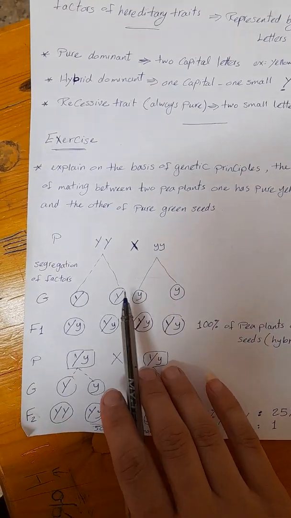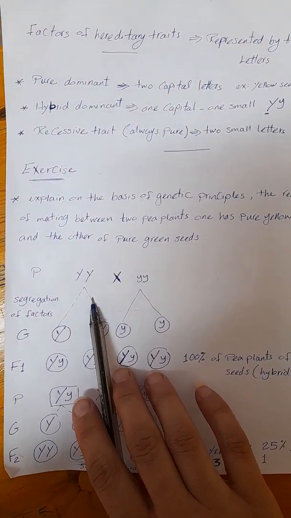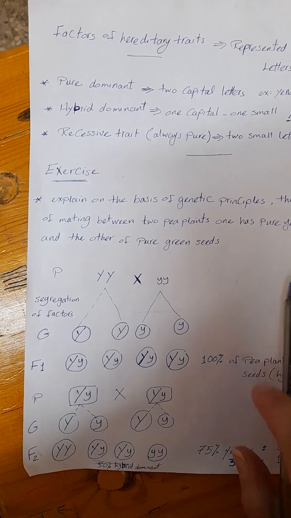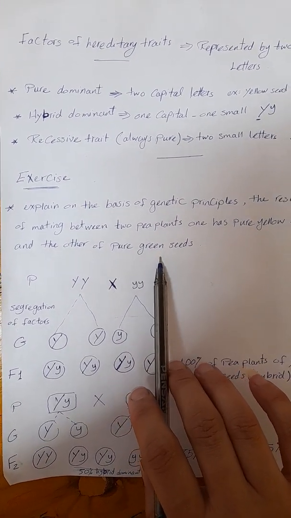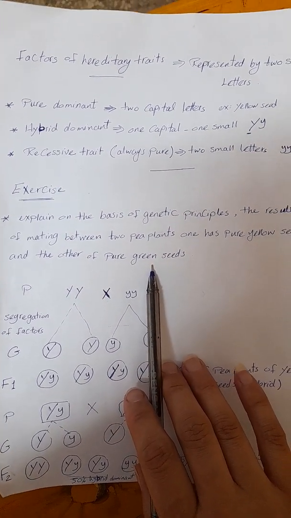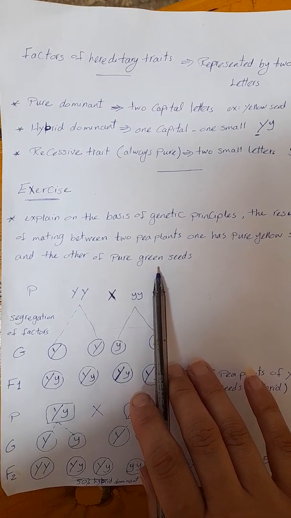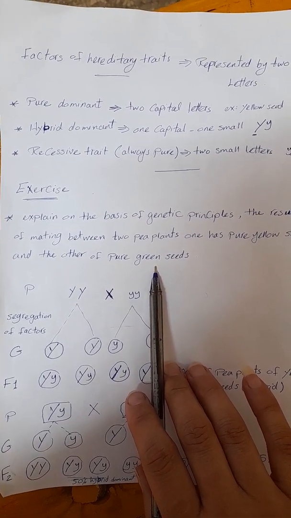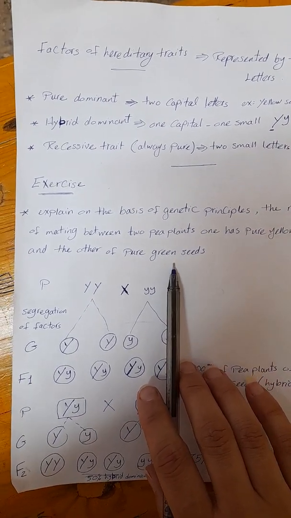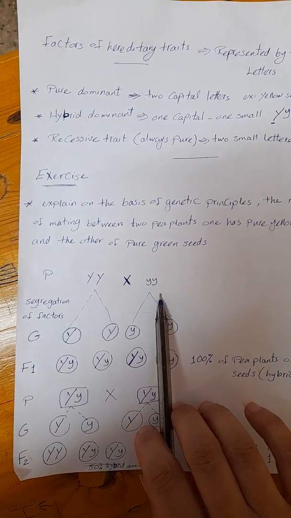So the trait is capital Y, capital Y. The other plant has pure green seeds. The green color of seeds is a recessive trait, so it is represented by two small letters, small y, small y.